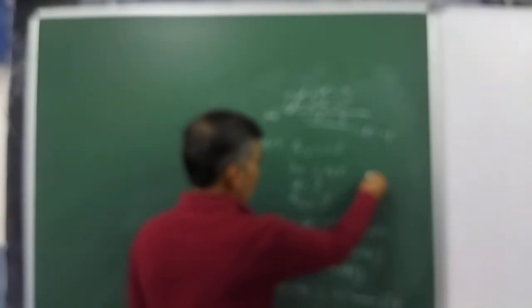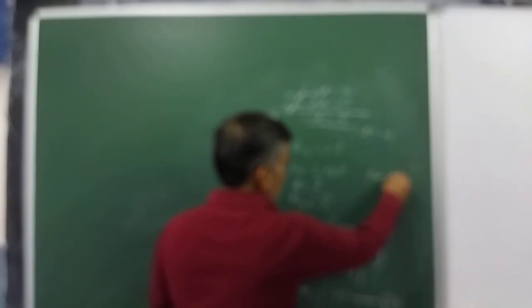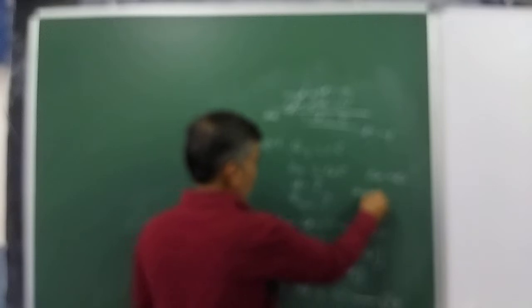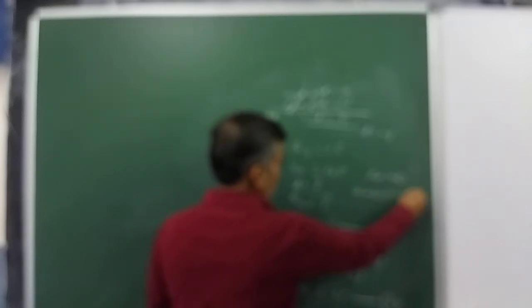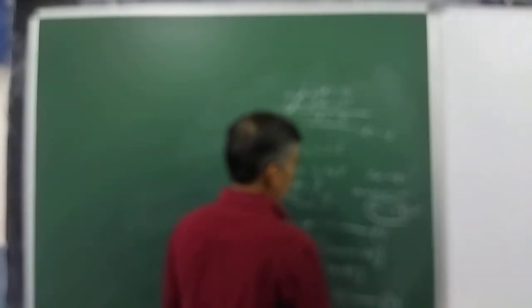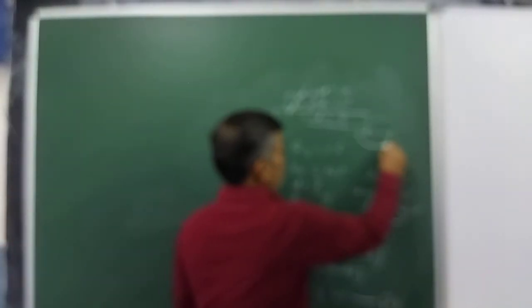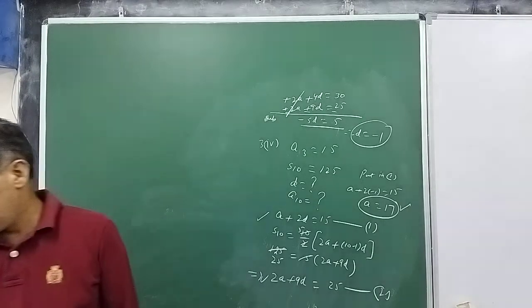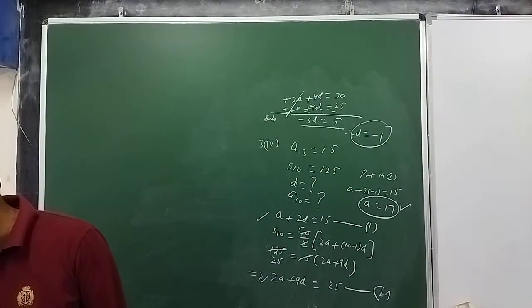So this is the one part I have done. Now if d is equal to minus 1, you can put it anywhere. Suppose you are putting in 1, so what happens? A plus 2 into minus 1 is equal to 15. So this is minus 2, there it will be plus, it will come 17. So A is equal to 17 and D is equal to minus 1. These are the two answers for this part. That is your part number 4.